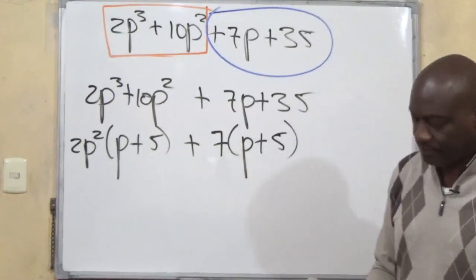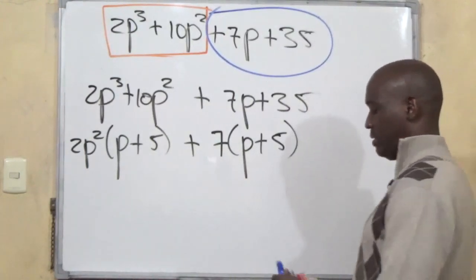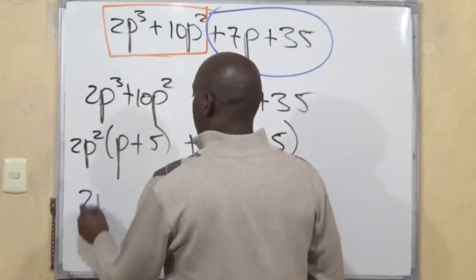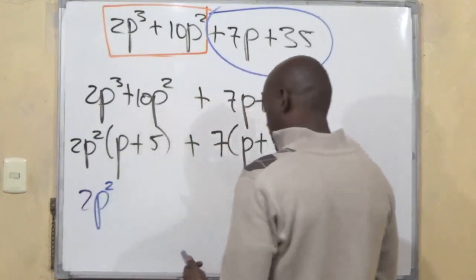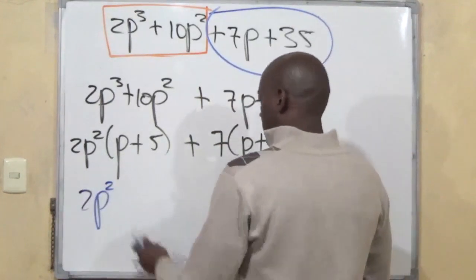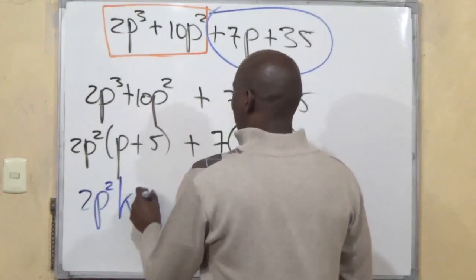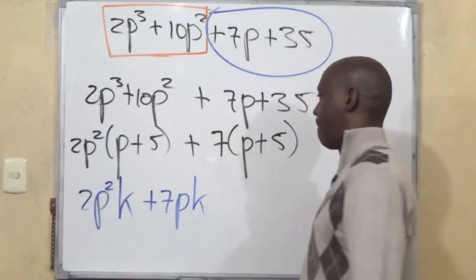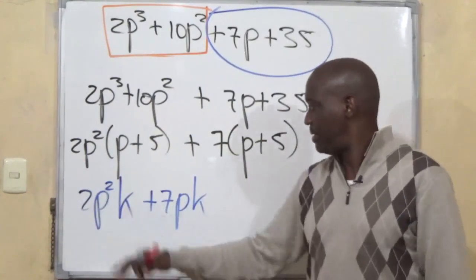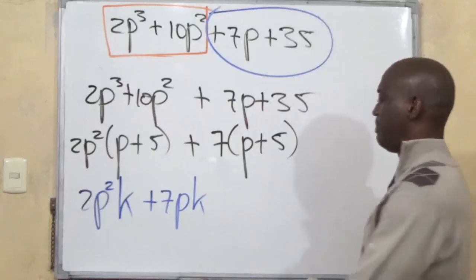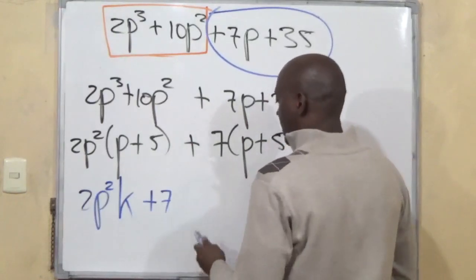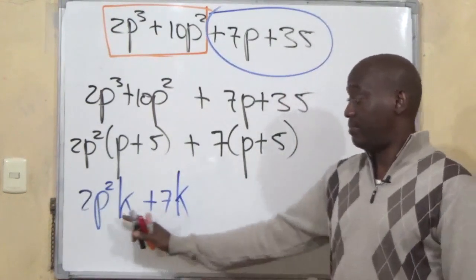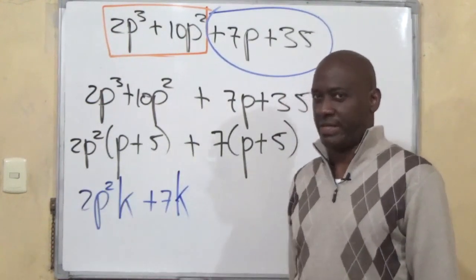Let me illustrate. If I had told you to factorize 2p squared k plus 7k, if I give you this expression and I told you factorize that, you look at this expression immediately and you see that k is a common factor.